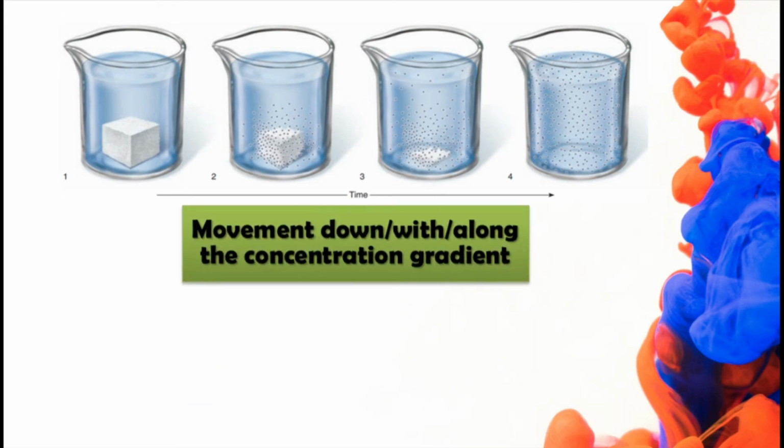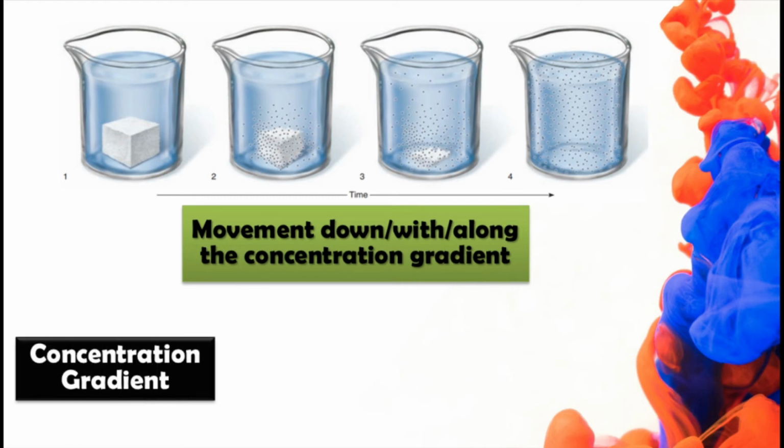There's a term that we need to understand, like the statements movement down the concentration gradient, movement with the concentration gradient, or movement along the concentration gradient. What do you mean by that? When we say movement down, with or along the concentration gradient, it means the movement of your molecules is from higher concentration towards the area of lower concentration.